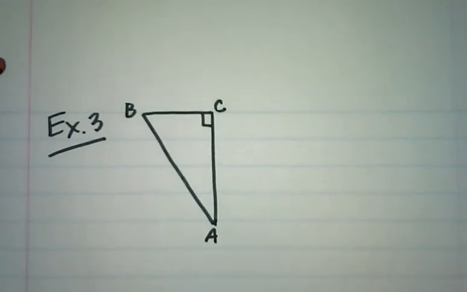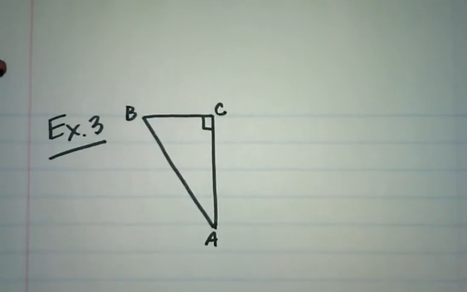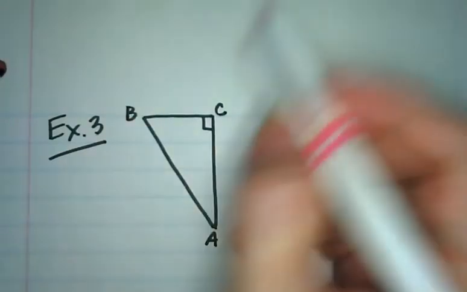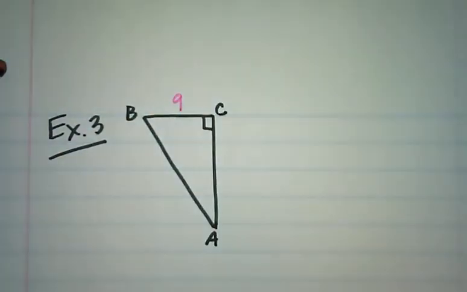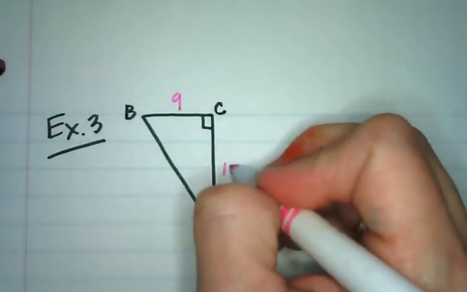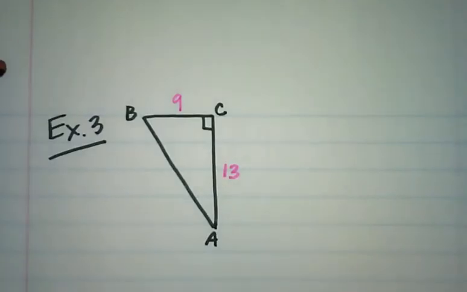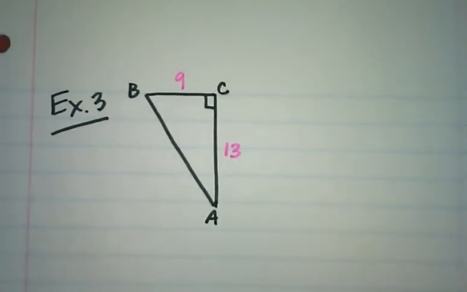For this problem, I'm going to tell you that this side is 9 and this side is 13. And the directions in this case would be to use the given information to write a trig function. There is more than one possible answer.